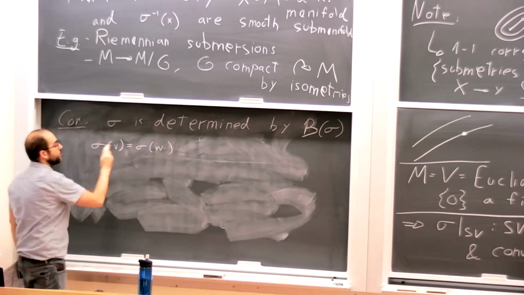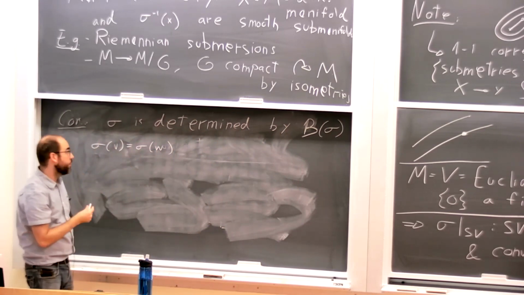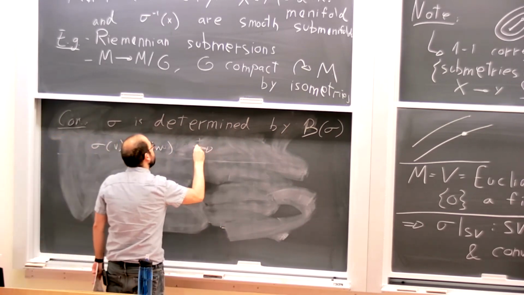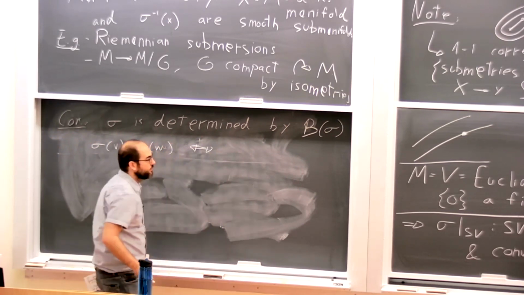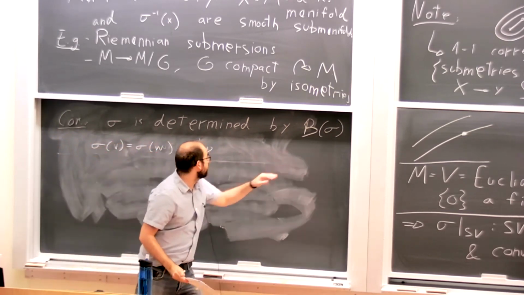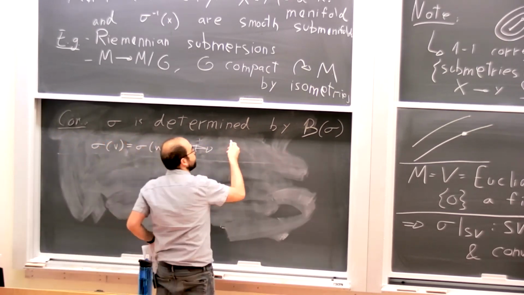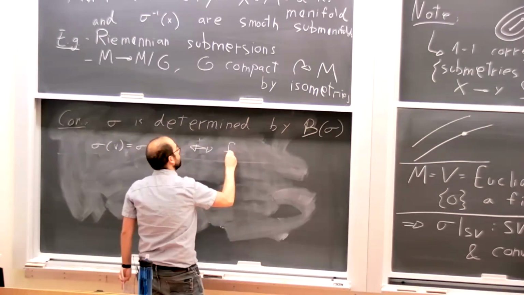Two points in the vector space are in the same fiber if and only if the values of all polynomials in here are the same on both of them. They can't be distinguished by these polynomials.